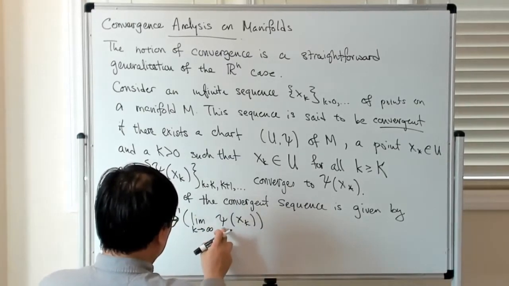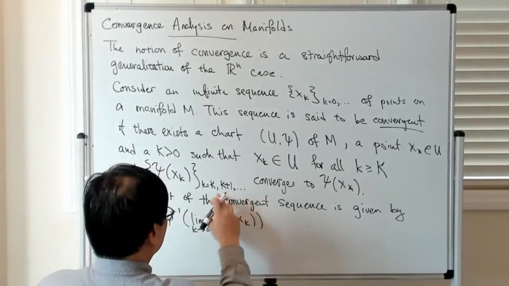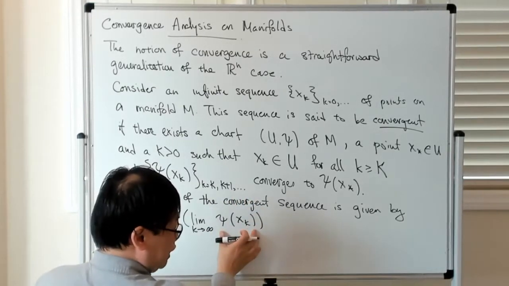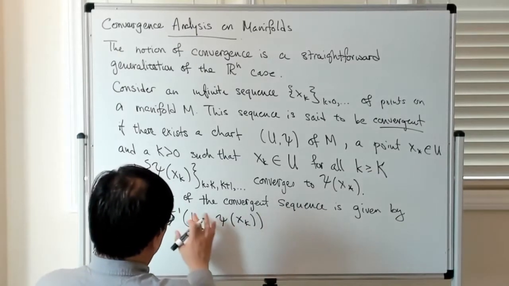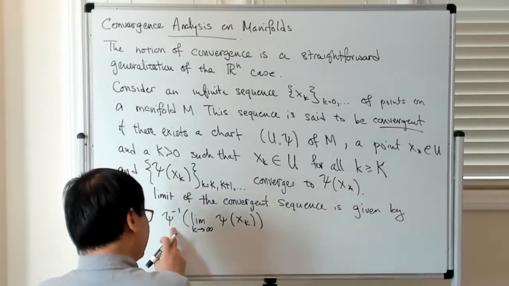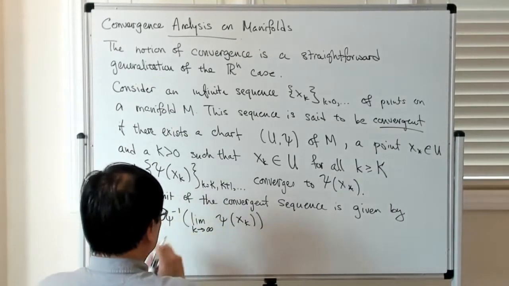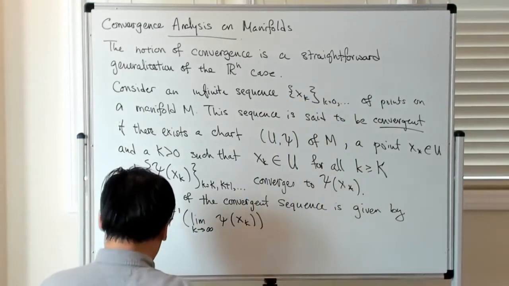So the chart applied to the xk's, for k large enough, is an n-tuple, you can look at the limit in the usual sense of Rn, and that gives you some limiting point in Rn, and then you can look at the inverse of that, and that will be the limit of your sequence of points on the manifold.